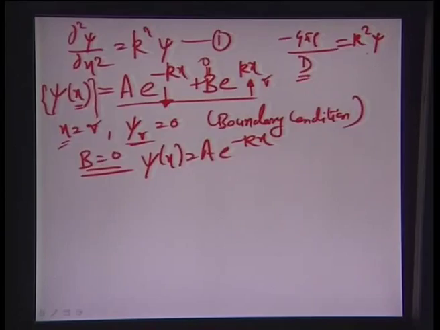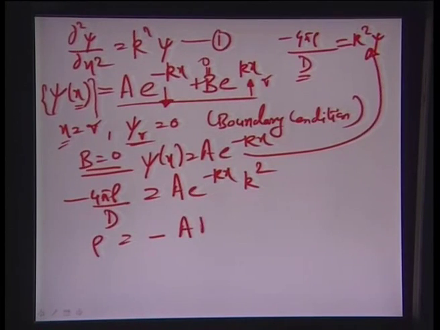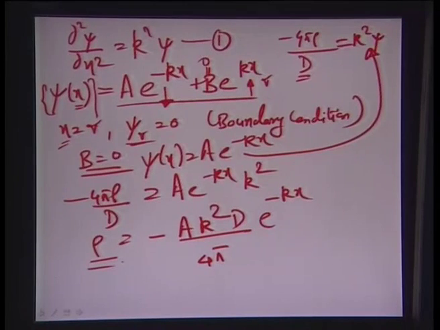If we put the xi value in this equation, we get minus 4 pi rho by d equals a e to the power of minus kx times square of k. Therefore, the charge density can be represented as minus a k square d divided by 4 pi, times e to the power of minus kx. So, that is what the volume charge density rho would be in this particular case.